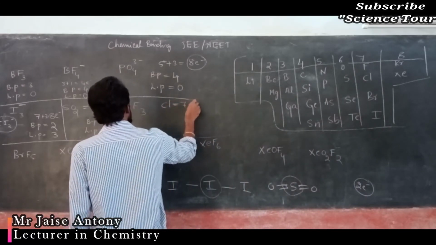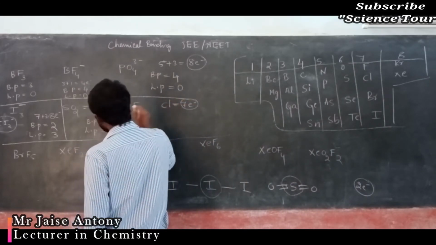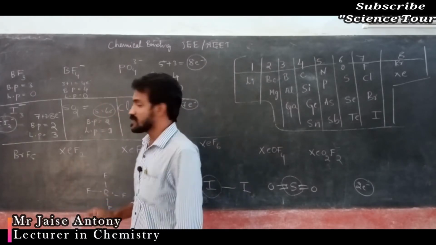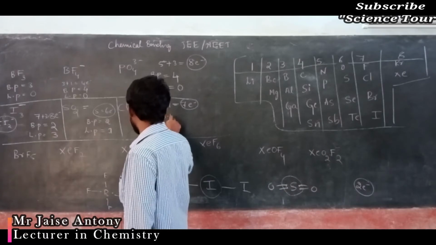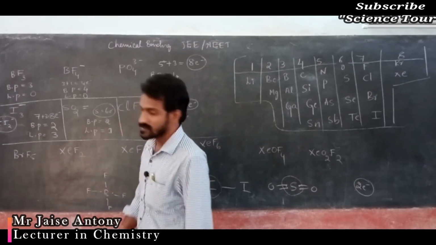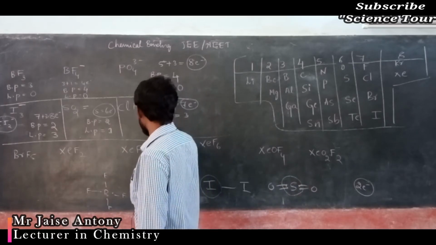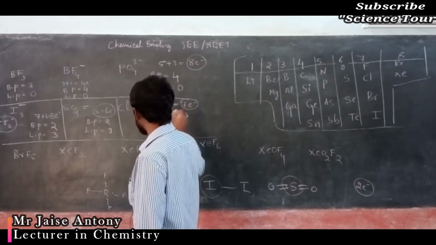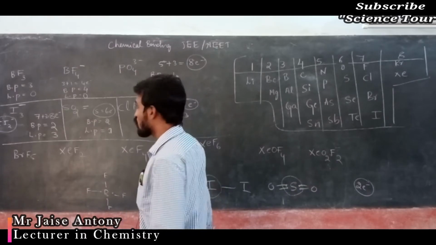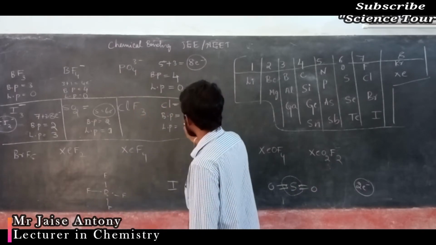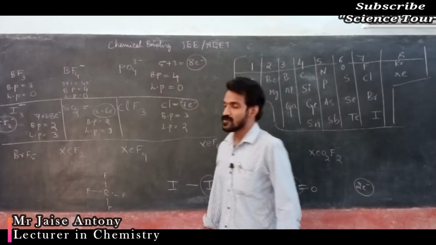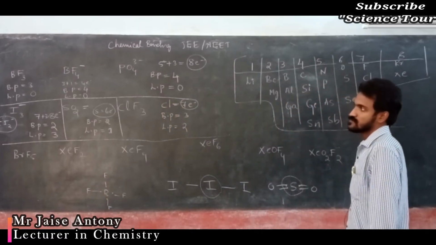It already formed 3 bonds with the 3 fluorides. So bond pair is how many? 3. Lone pair means 7 minus 3, 4 electrons remaining. 4 electrons means how many pairs? 2 pairs. Lone pair is 2.